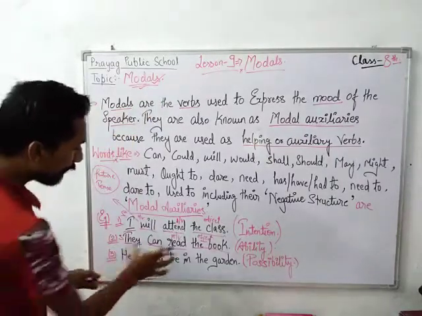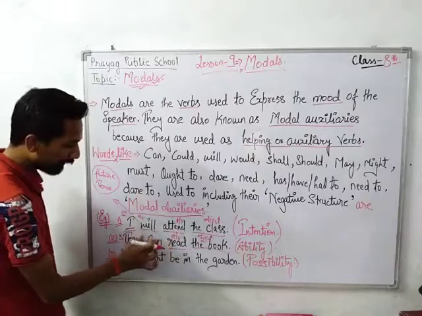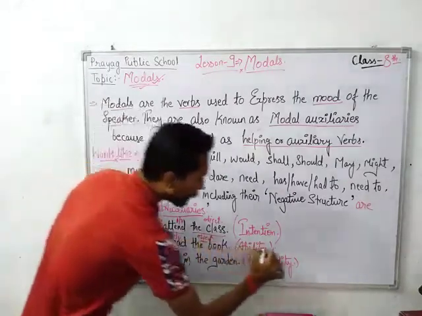Because this can, among these words which are written in this particular sentence, only can is the word which is expressing what?